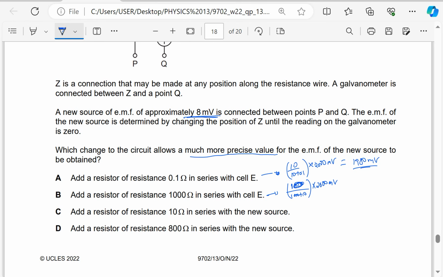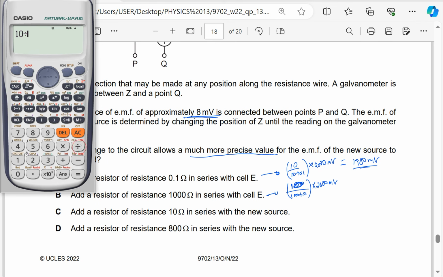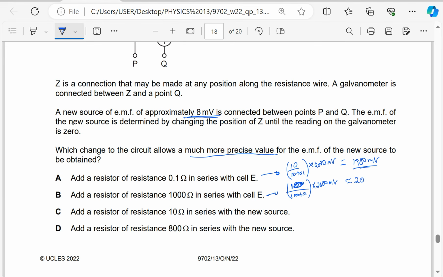I think this is going to be 10 divided by 1010 times 2000, which is approximately 20 millivolts. We notice that 20 millivolts is not very far from 8 millivolts.